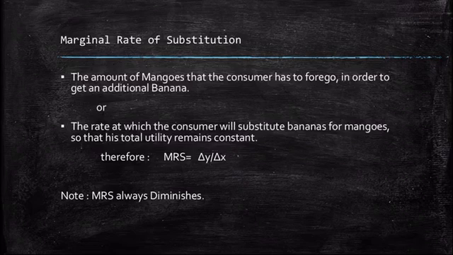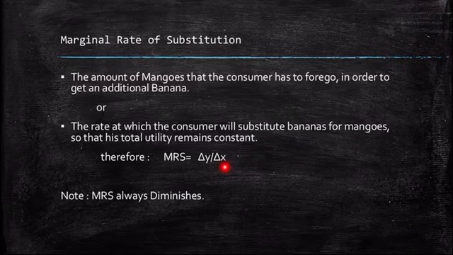For example, while moving from one combination to another, suppose he was sacrificing 3 units of mangoes for 1 unit of banana. Delta Y is 3 and delta X is 1, so it becomes 3. So here MRS is 3 units.